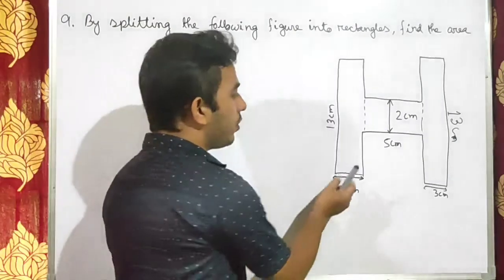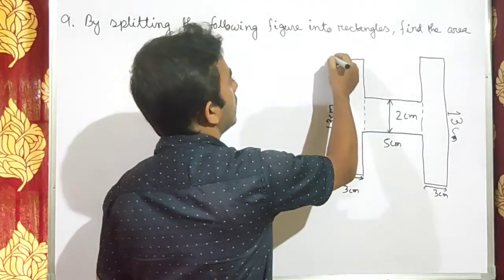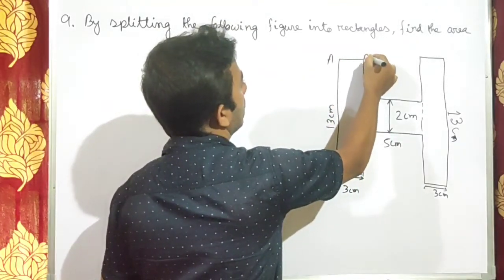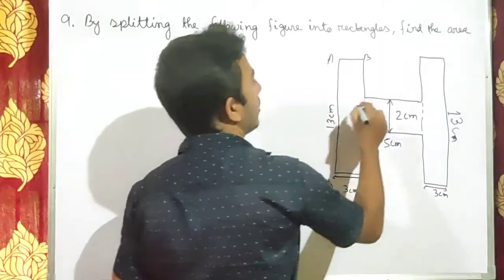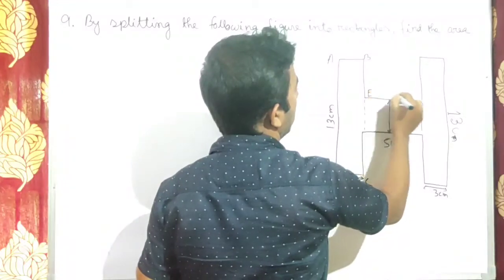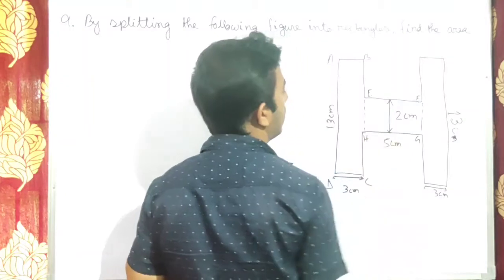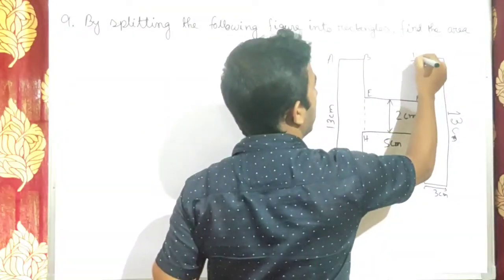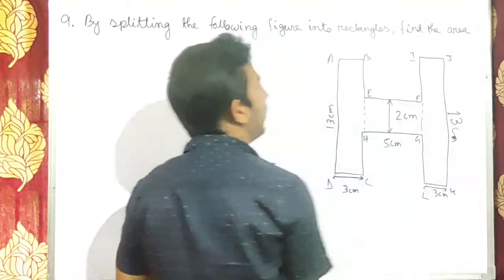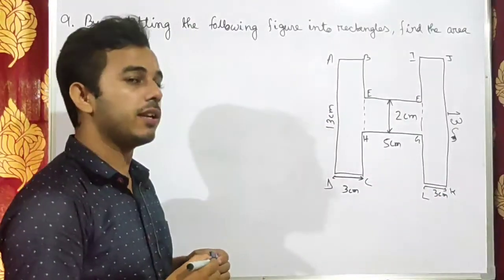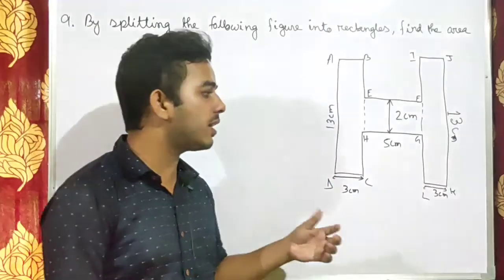Let us name the rectangles A, B, C, D. Then E, F, G, H. Then I, J, K, L. Now there are three rectangles. One is ABCD, another is EFGH, another is IJKL.